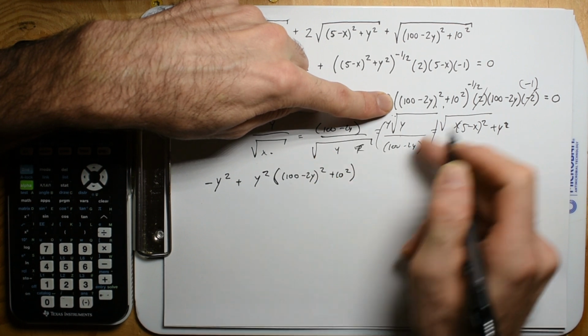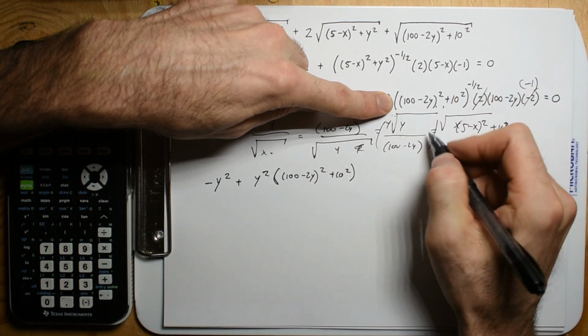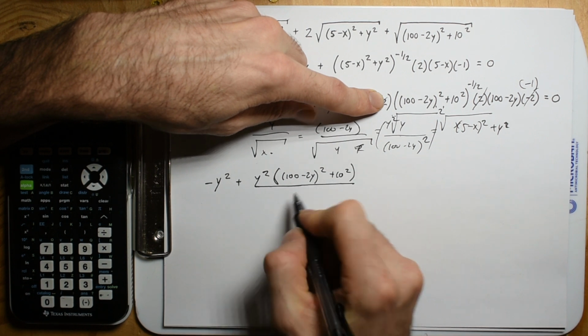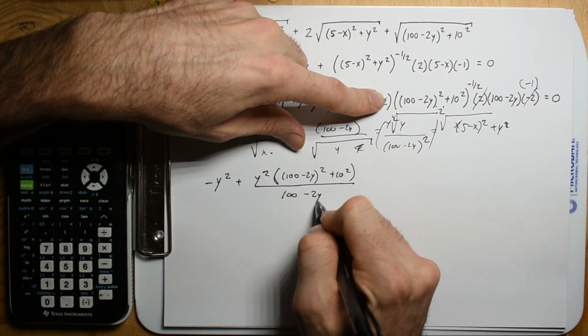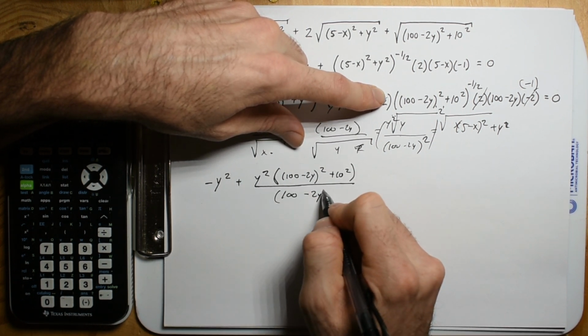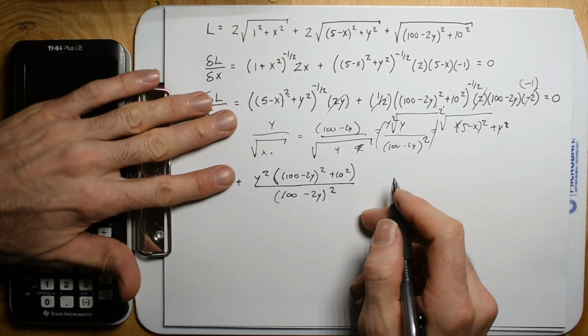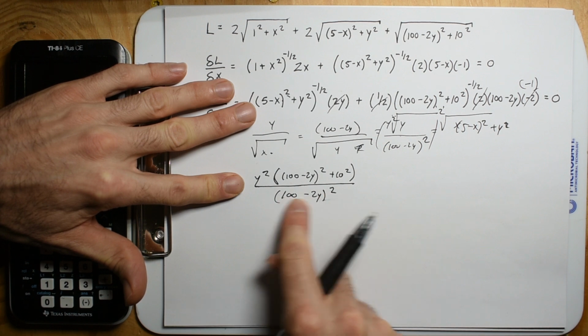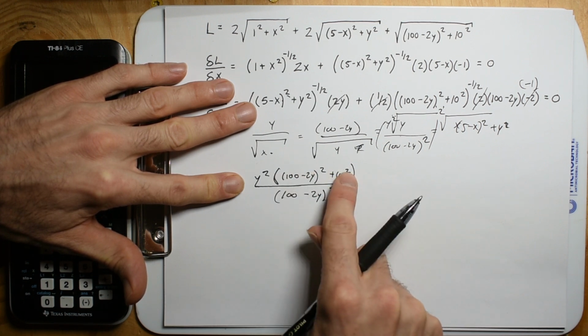And we got rid of the square root because we squared this side, so we squared all of this. Okay, so now that is going to be divided by 100 minus 2y squared.